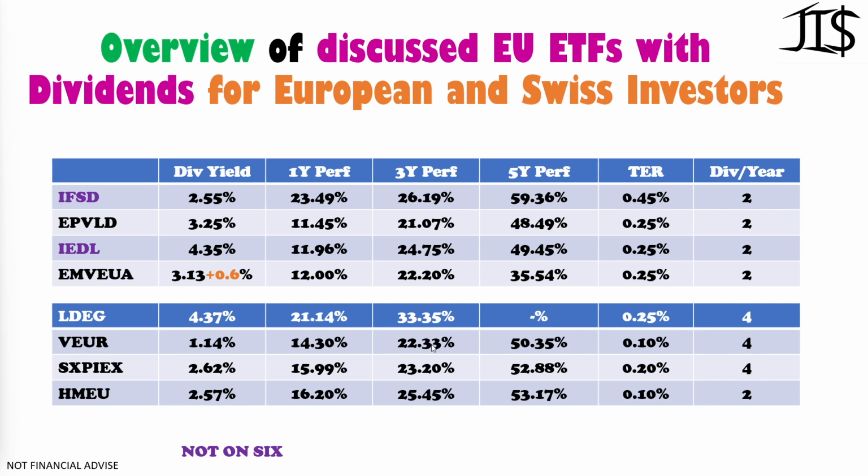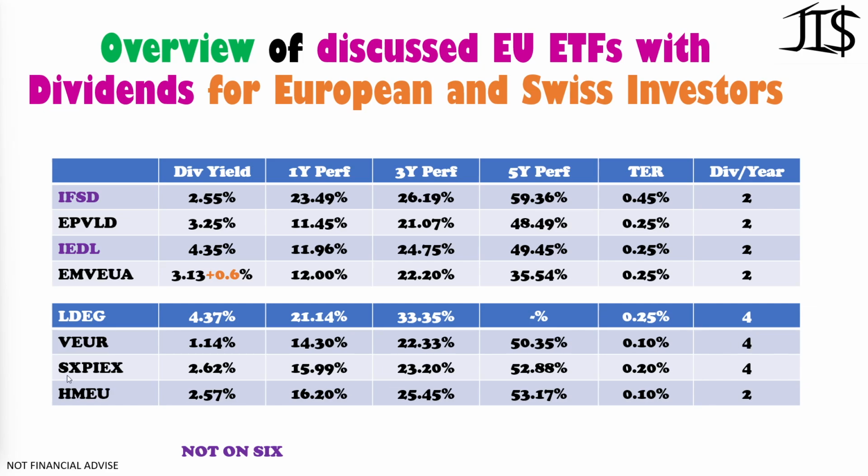And 3 year performance, it's performing more or less the same as the other ETFs. And for the 5 year performance, it's also more or less the same, but the total expense ratio is only 0.10%. Vanguard being known to have low total expense ratios, and it's a quarterly paying dividends ETF as well.